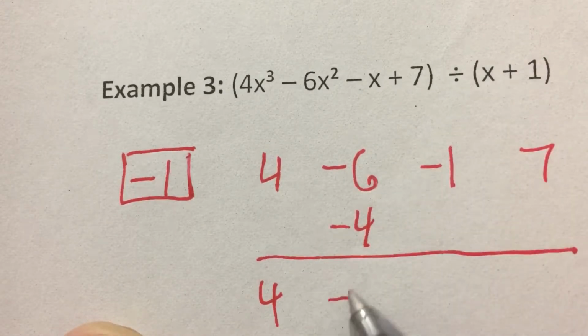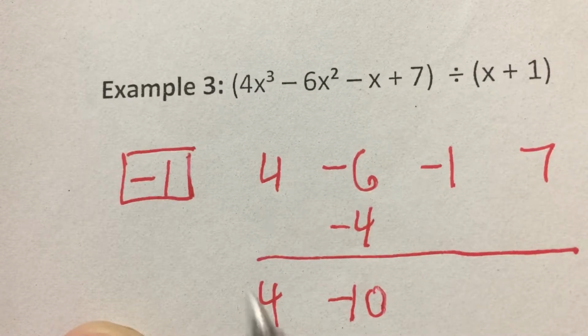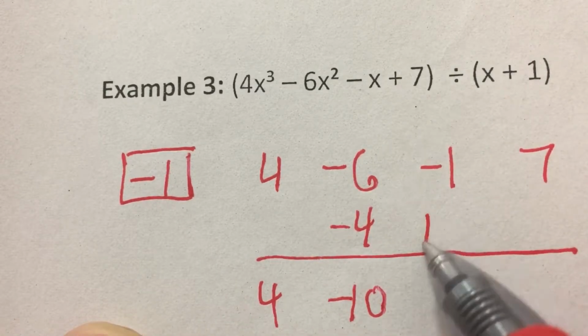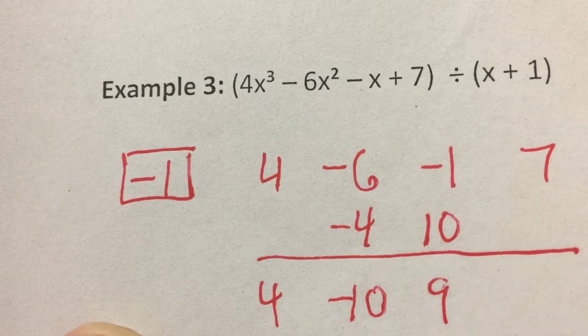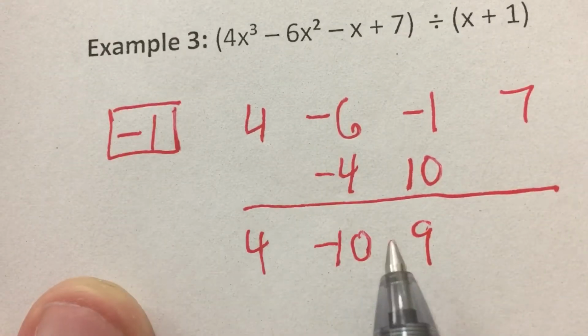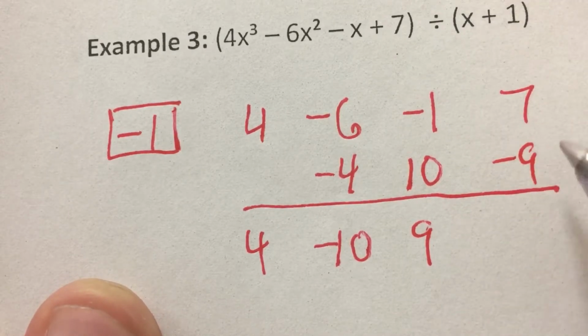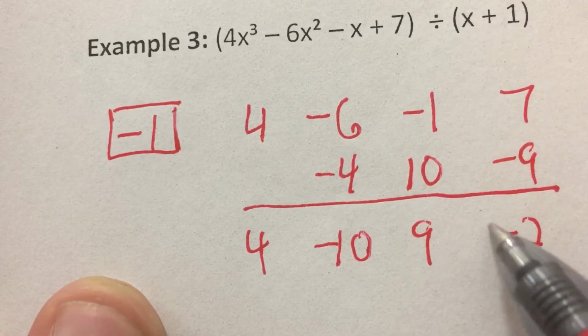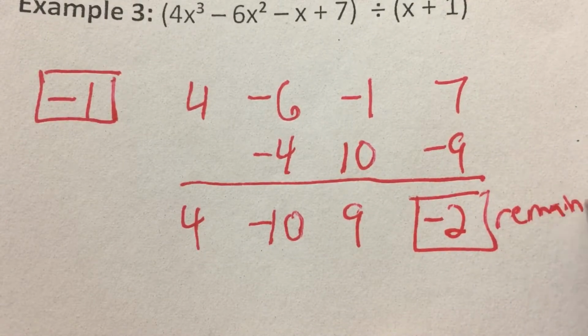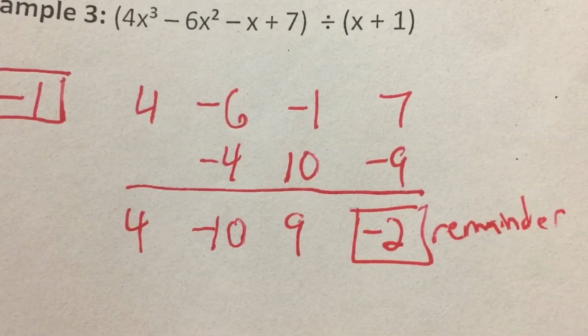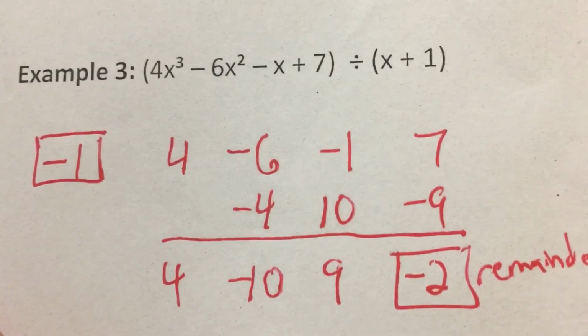Combine these two numbers, I get negative 10. Negative 1 and negative 10 make a positive 10. Combine these two numbers and I get 9. Negative 1 times 9 is negative 9. Combine these two numbers, I get negative 2. This time I end up with a remainder. A remainder of negative 2. So it did not divide evenly.